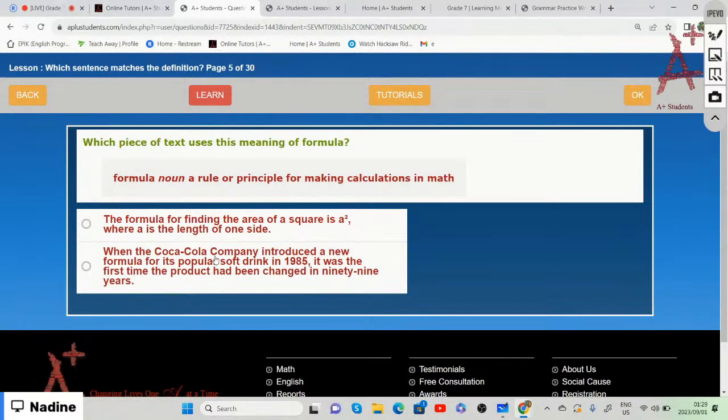Or when the Coca-Cola company introduced a new formula for its popular soft drink in 1986, it was the first time the product had been changed in 99 years. So we need to choose the meaning of formula, and we said formula is a rule or principle for making calculations in math.